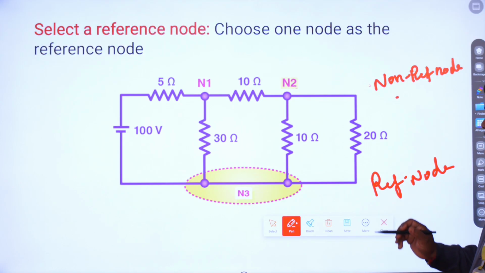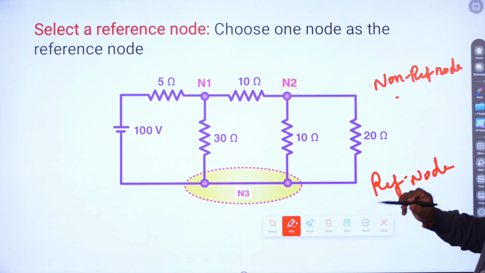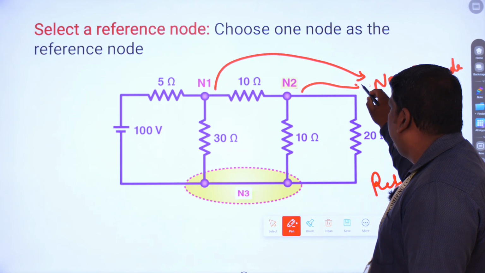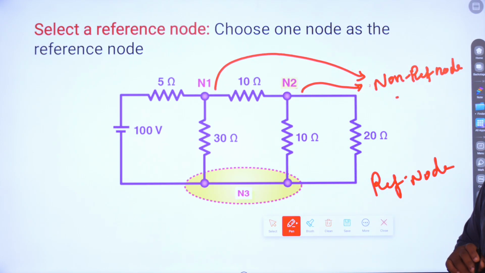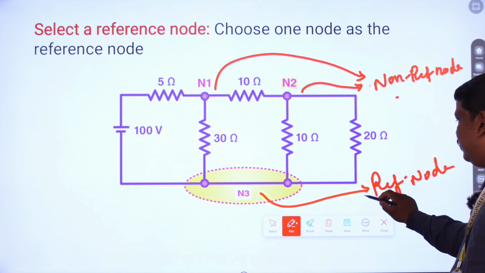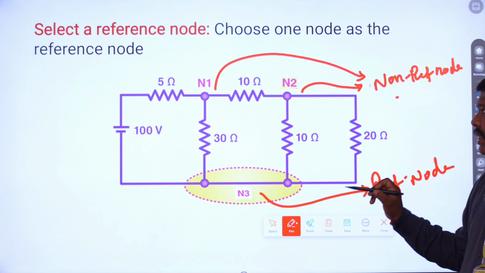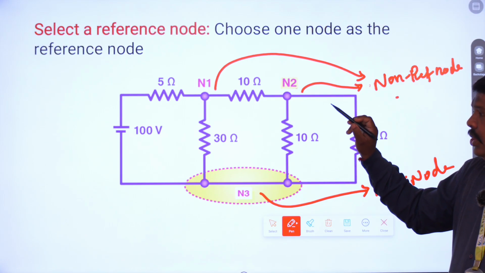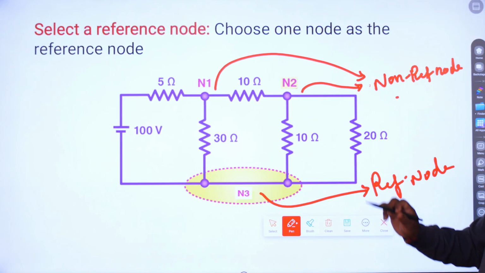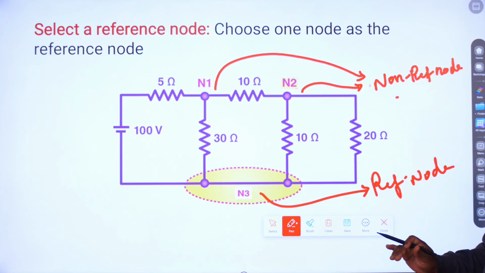Here we have to select which one is going to be the reference node and which one is going to be the non-reference node. Nodes N1 and N2 are called non-reference nodes, and node N3 is going to be your reference node. Here the node N3 is common for the non-reference nodes N1 and N2. This is selecting a reference node.